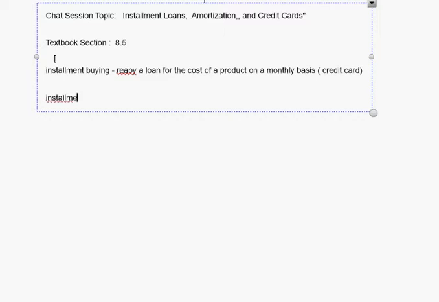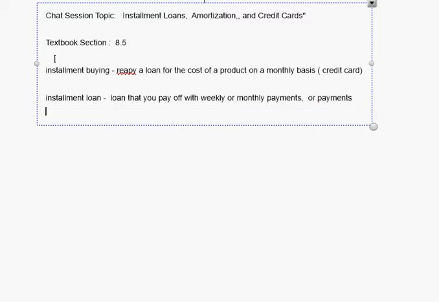Installment loan is a loan that you pay off with weekly or monthly payments or payments in some other time period.